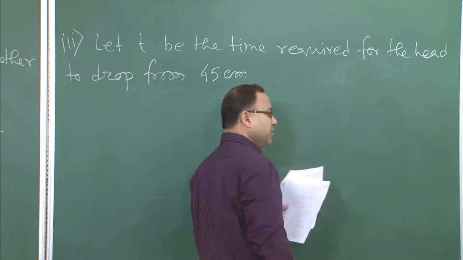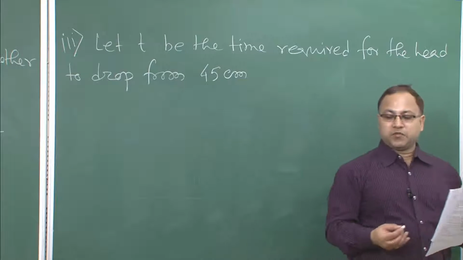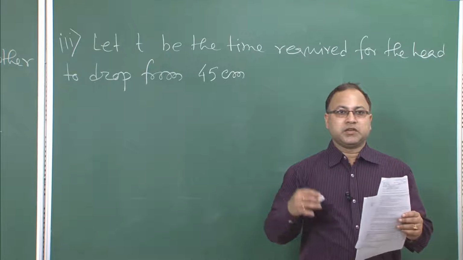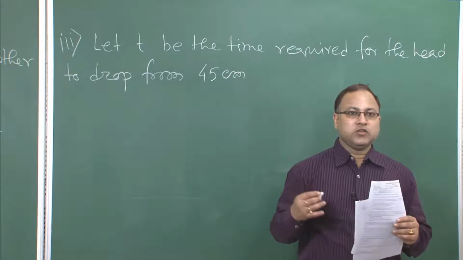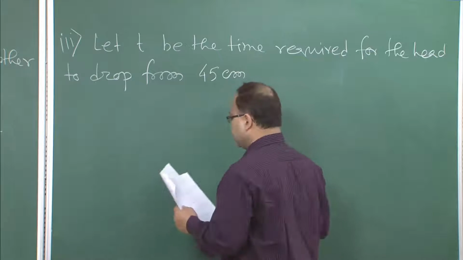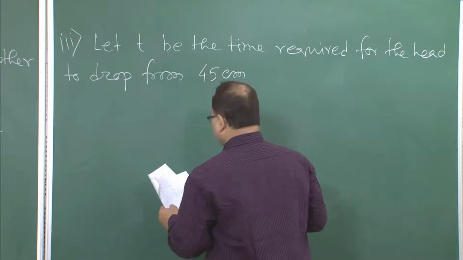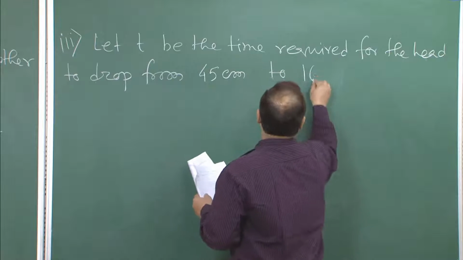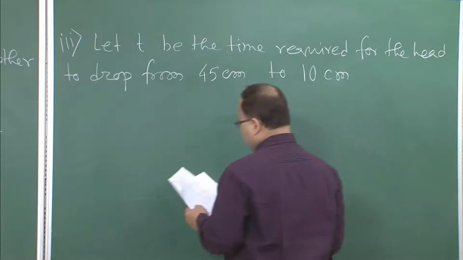It will not be changing; if you start from 60 centimeter or if you start from 45 centimeter, accordingly your time will be adjusted, because your coefficient of permeability is remaining unchanged. So, to drop from 45 centimeter to 10 centimeter.